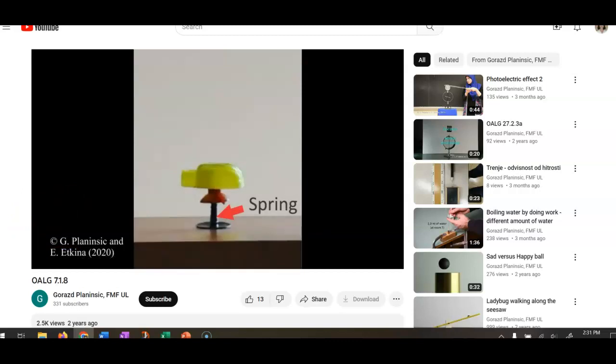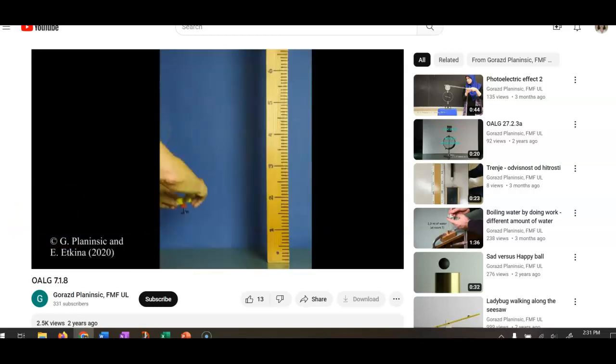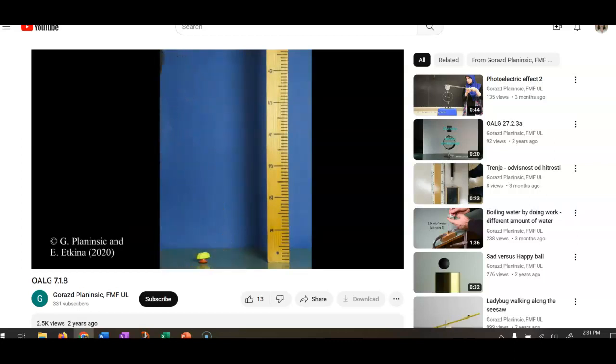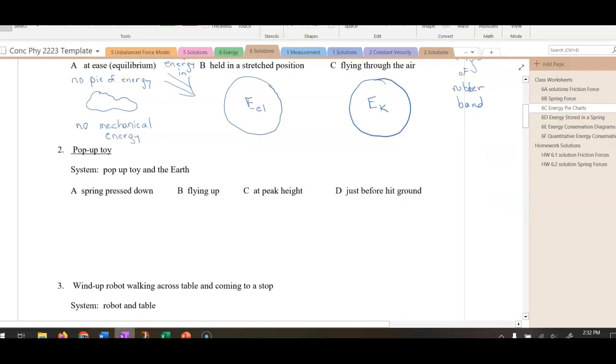So there's the spring, and when you press down on the toy, it compresses the spring, changes the shape of it, and in a couple of seconds, ooh, the spring returned to its original shape, and it pushed the toy up. Okay, so that's what we're going to do now, is talk about that pop-up toy.